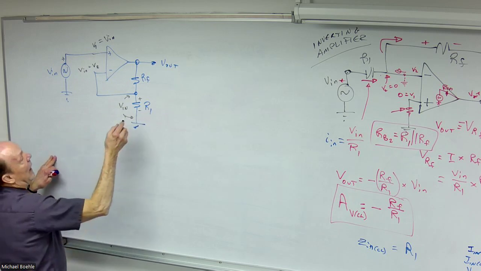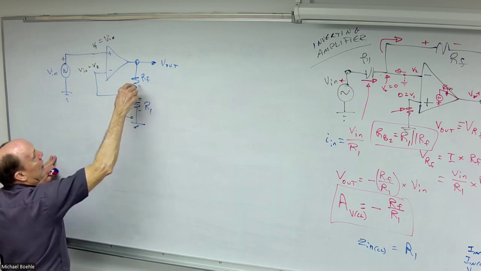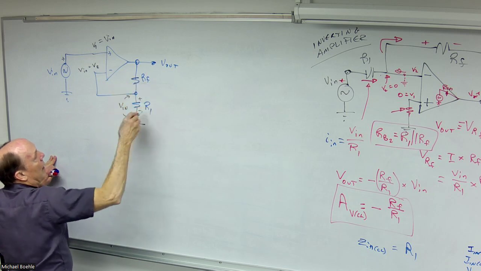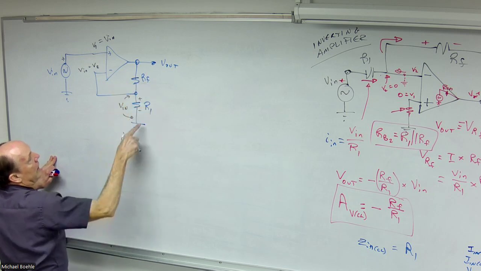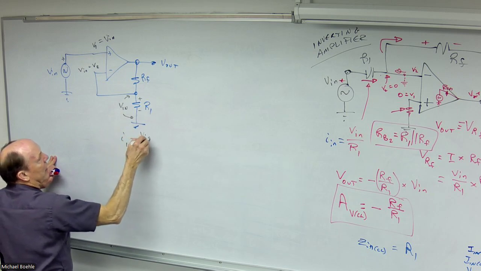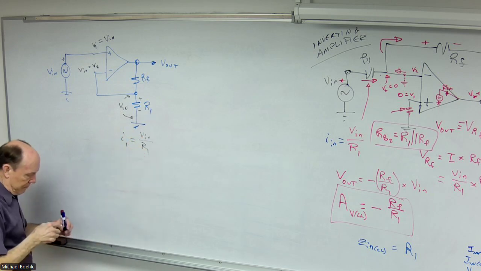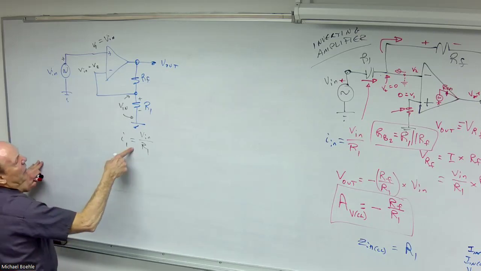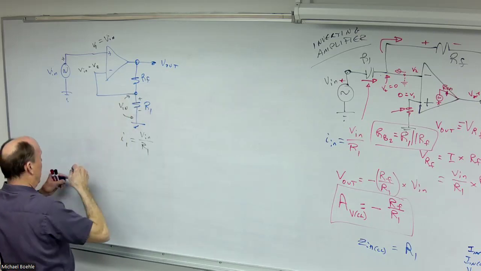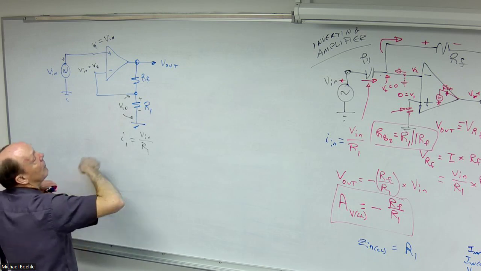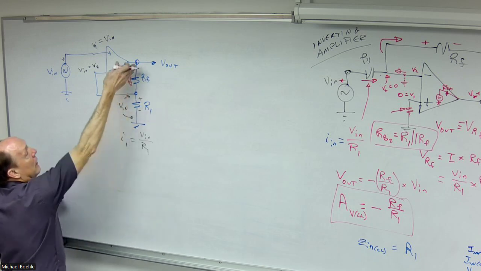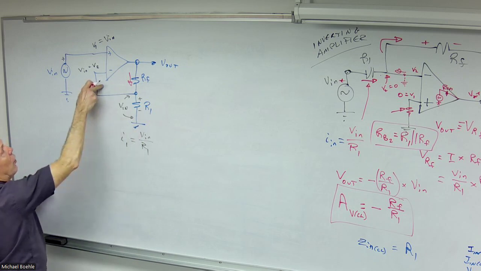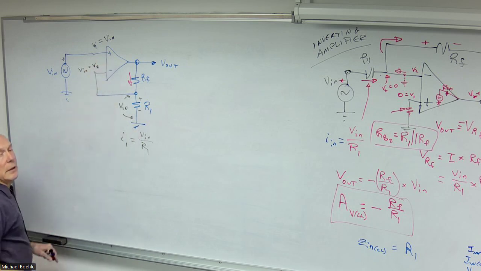Now, that means that I have current flowing through R1, I'll call it current 1, that is equal to the input voltage divided by R1. I love Ohm's law. Well, where's that current coming from? Well, the only place it can come from is down this way, right? No current in this line here.